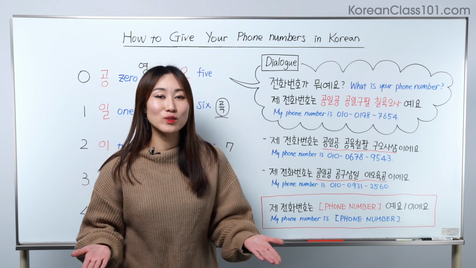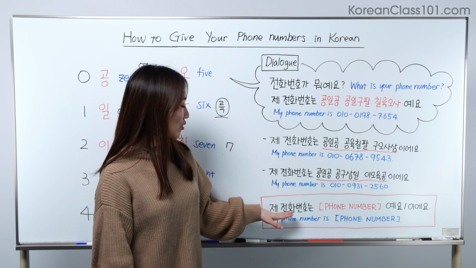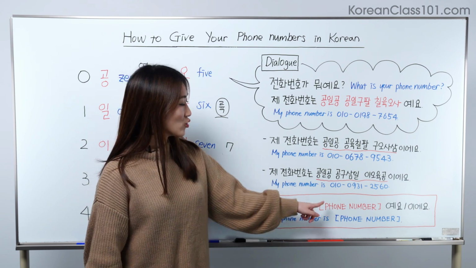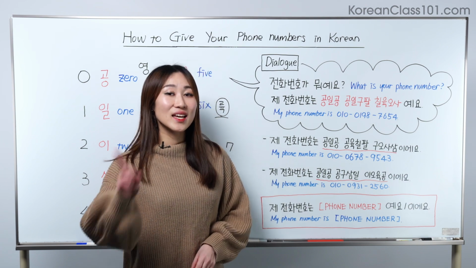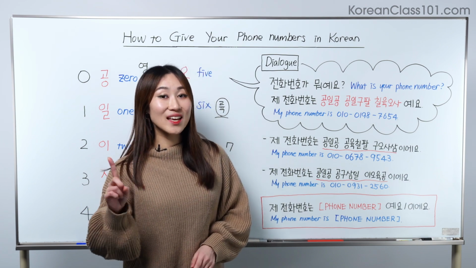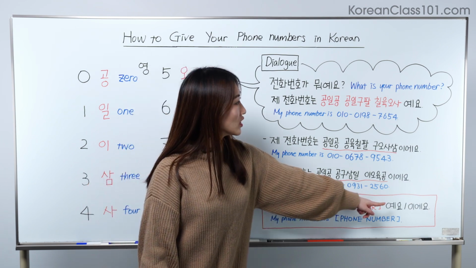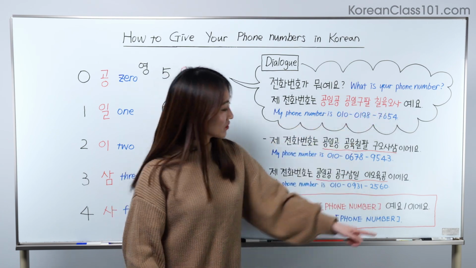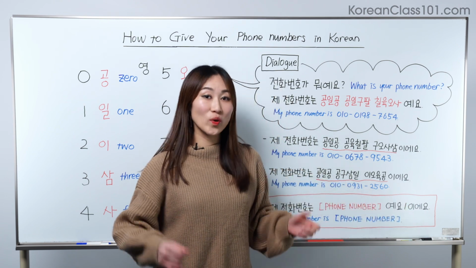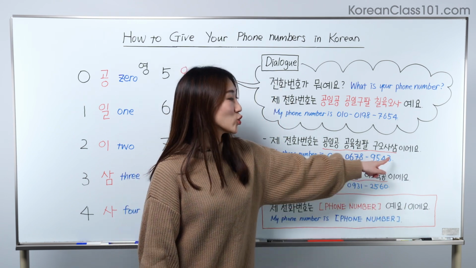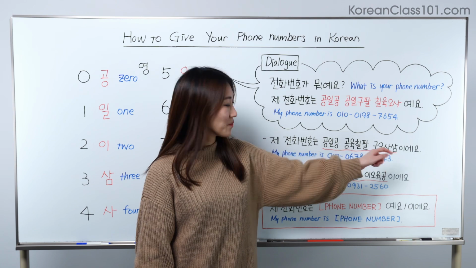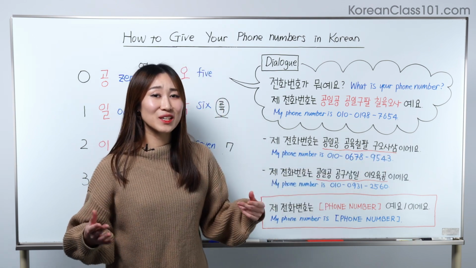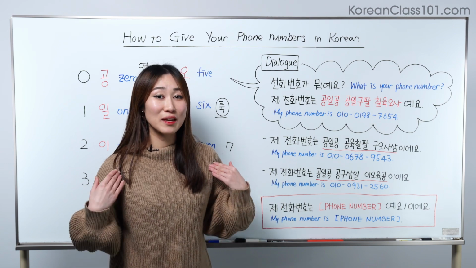It's a humble way to say my. 전화번호, phone number, and 는, topic marking particle, and your phone number, and say 예요 or 이에요. 예요 is used when the last syllable ends with a vowel. 이에요 is used when the last syllable ends with consonant, such as 삼.